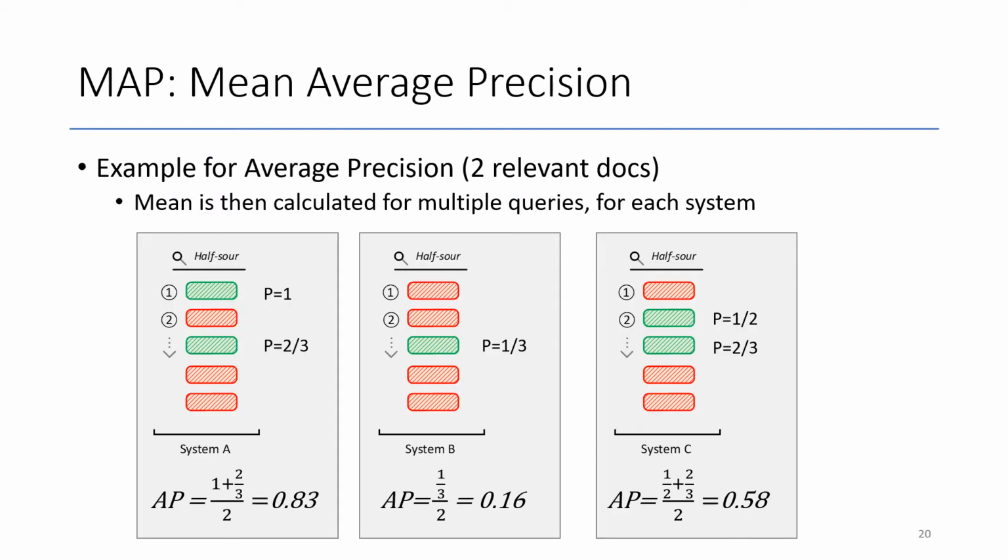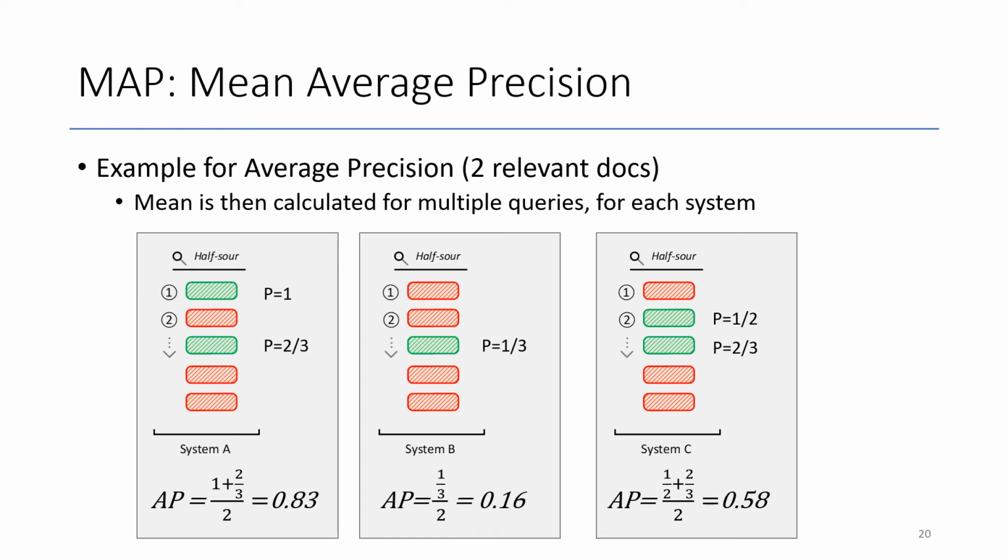And again, if we look at an example for average precision, where we assume that we have 2 relevant documents. And again, the M stands for mean, which is calculated over multiple queries for each system. So for the first system, we have the first relevant document at position 1. Here, the precision, of course, is 1.